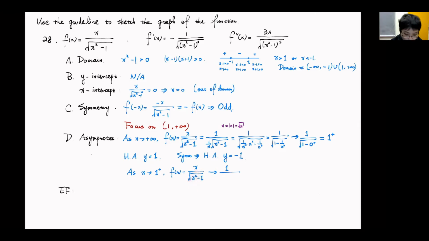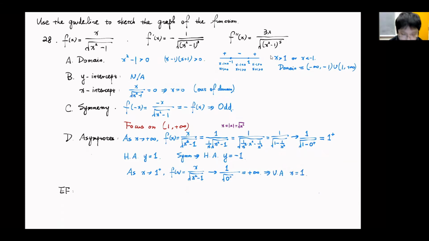So x squared minus 1 will be a little bit greater than 0, so root of x squared minus 1 will be a little bit greater than 0. So I have a quotient whose numerator is 1 and whose denominator is a very small positive number, and the answer will be positive infinity. So this way I get a vertical asymptote at x equals 1.